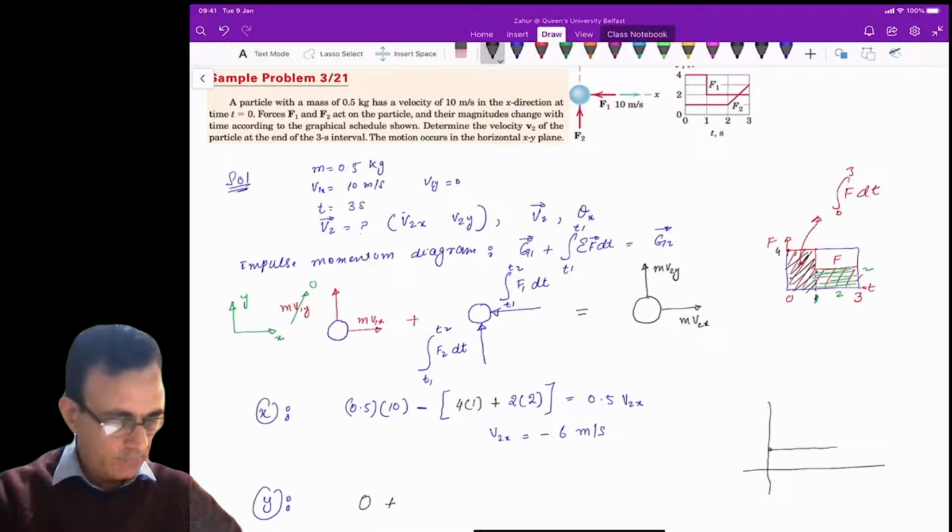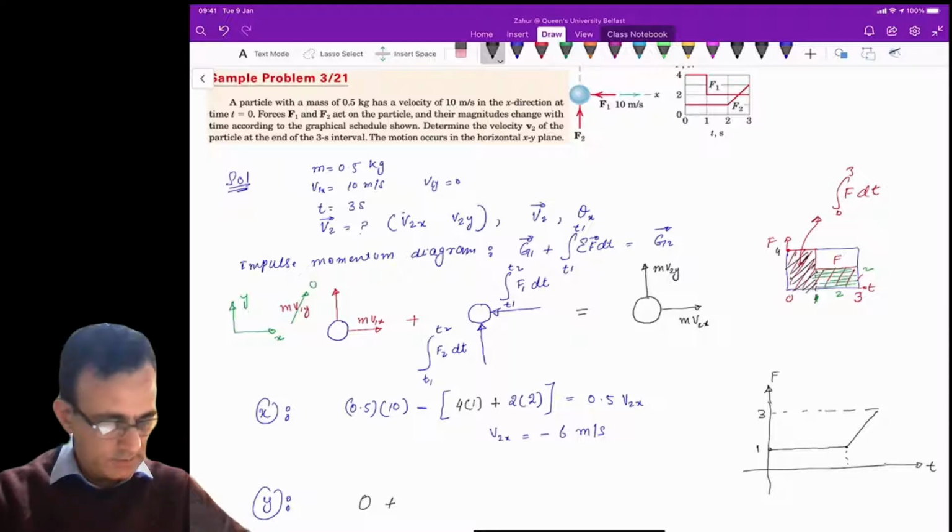It's going from 1 to 2, and then it's going something like this. Again, this is 3, this is 1, this is time, and this is force, and this is 2 here, and this is 3 here.